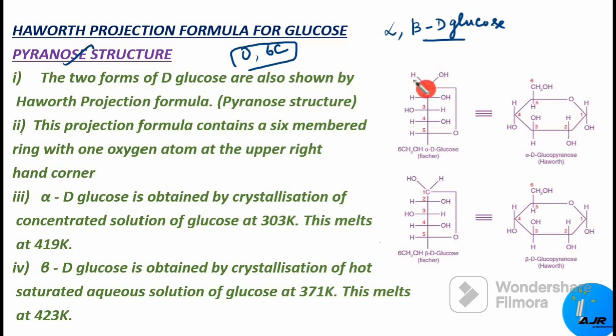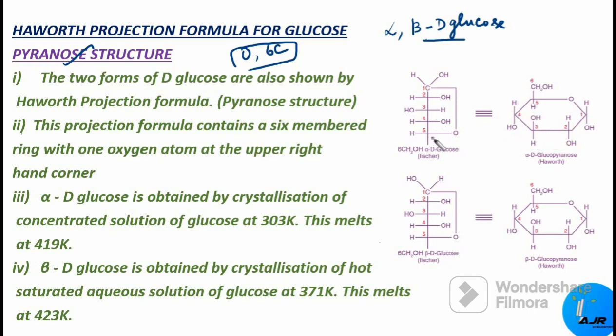See here, in C1, H is on the left hand side, above the plane. C2, H is on the left hand side, above the plane. C3, OH is on the left hand side, above the plane. Can you understand? So all the groups on the right hand side are directed below the plane of the ring, and those on the left hand side are seen above the plane.